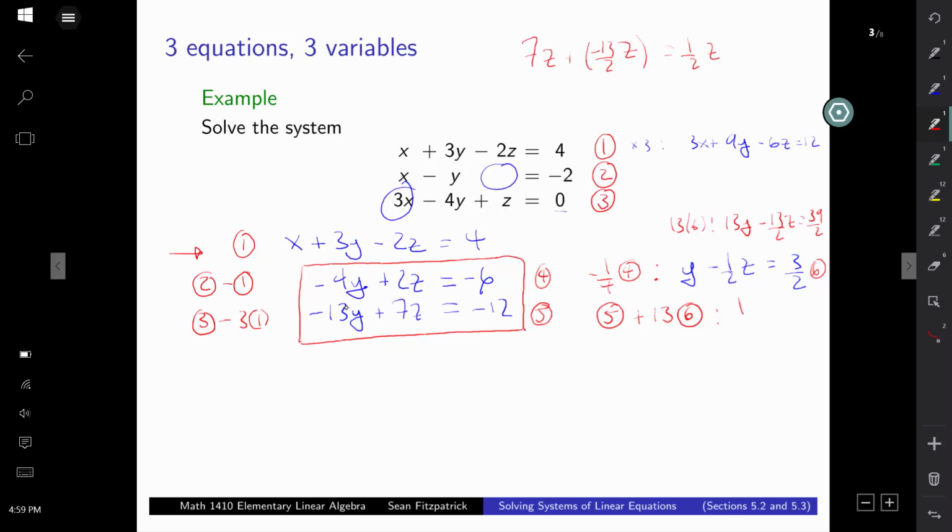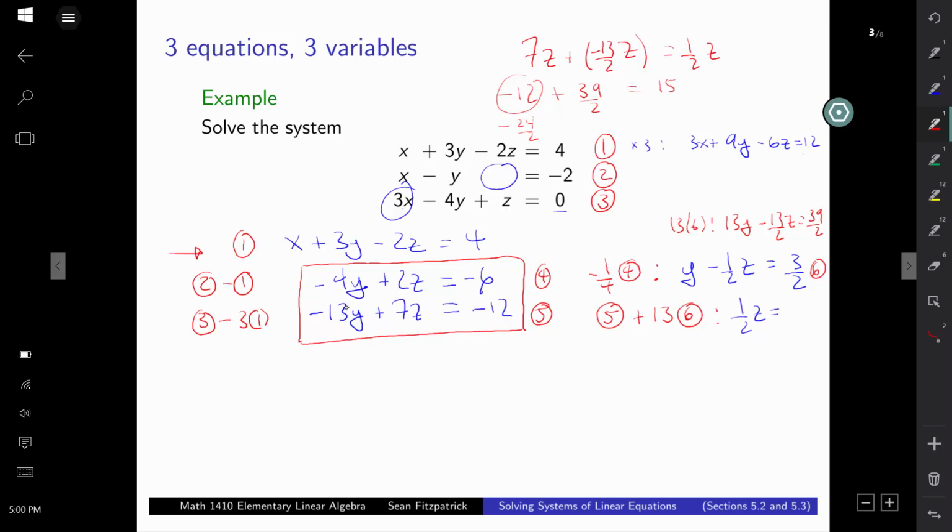So I simply get 1/2 z equals, what do I get when I add on the other side? I've got minus 12, and I'm adding to that 39 over 2. So minus 12, that's minus 24 over 2.